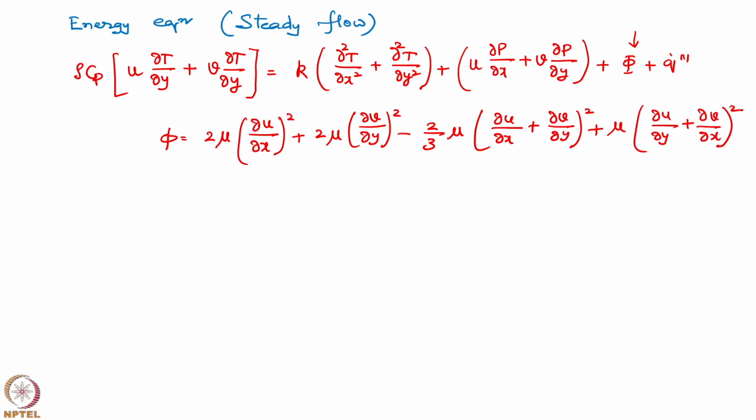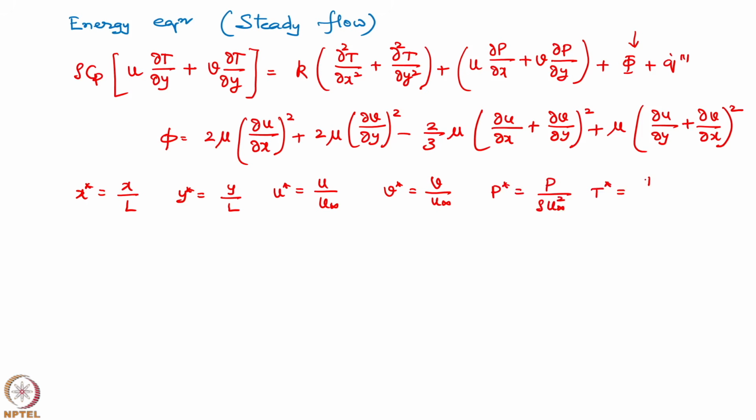Now to non-dimensionalize, I take x star equal to x by L, y star equal to y by L, and u star equal to u by u infinity. L and u infinity I have already defined, v star is v by u infinity, and p star is p by rho u infinity squared, and T star is what is new for us, T minus Ts divided by T infinity minus Ts.